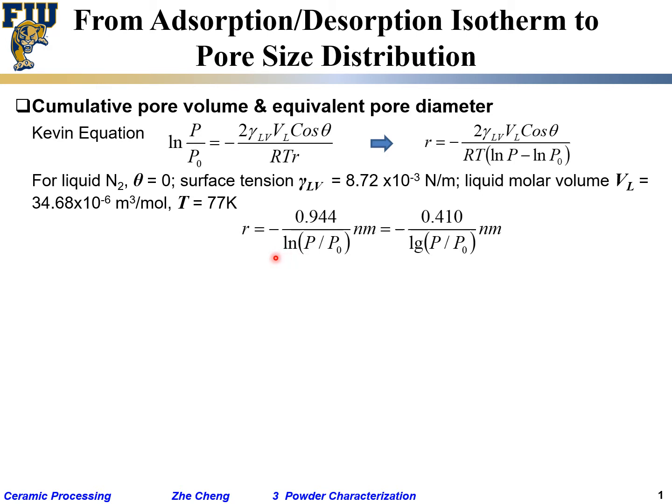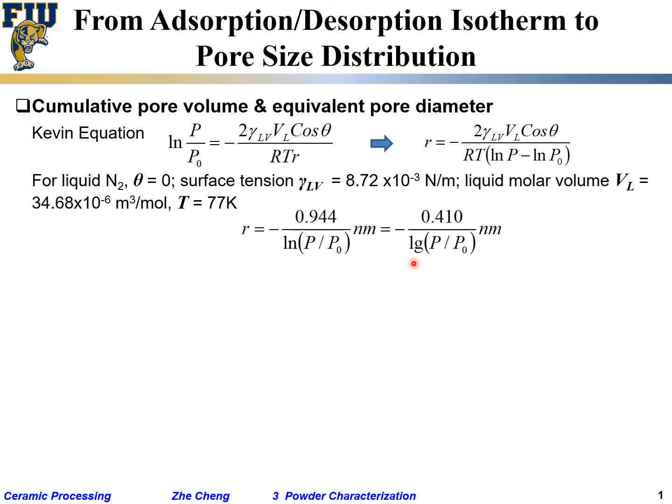The radius would be minus 0.944 divided by the natural log of the relative pressure. Of course, it will be in the unit of nanometer. And sometimes we can convert from natural log to log with a base of 10. That's essentially what we did.